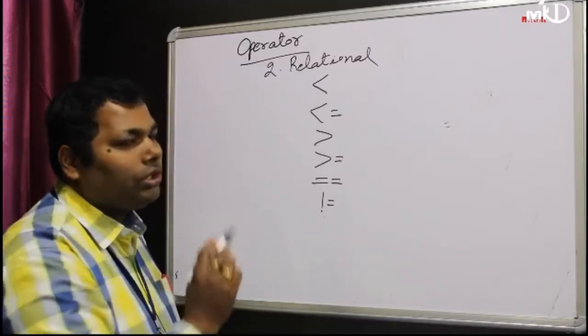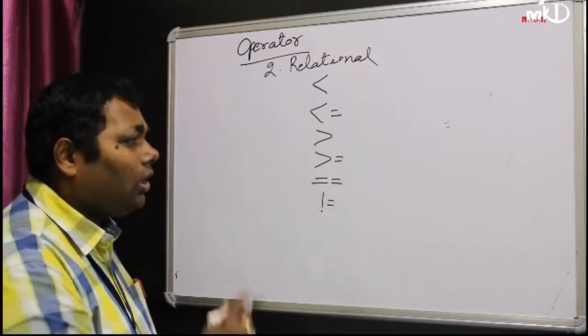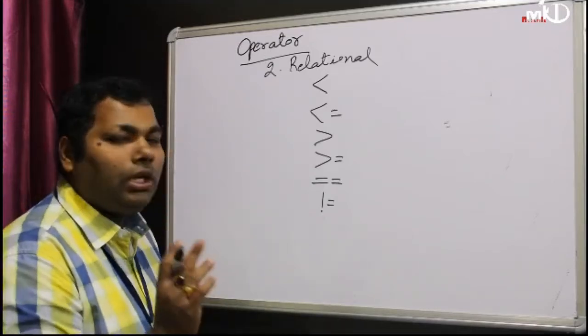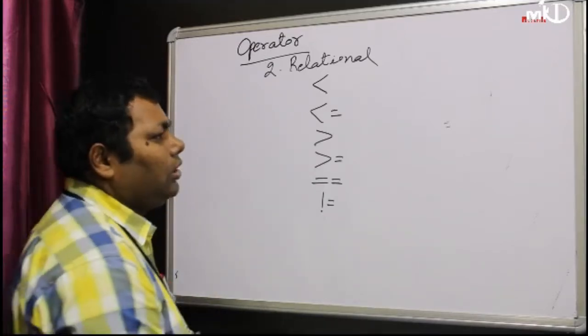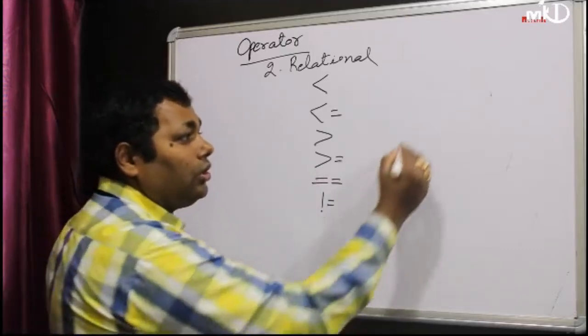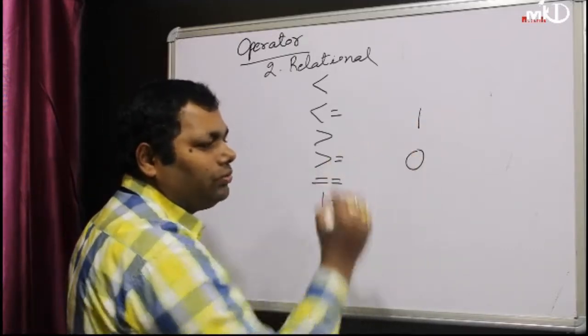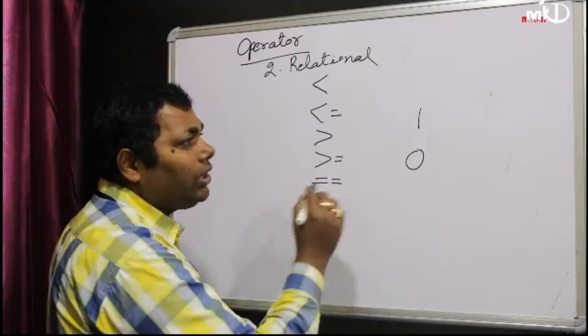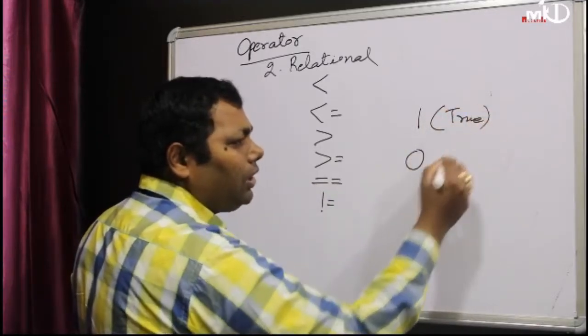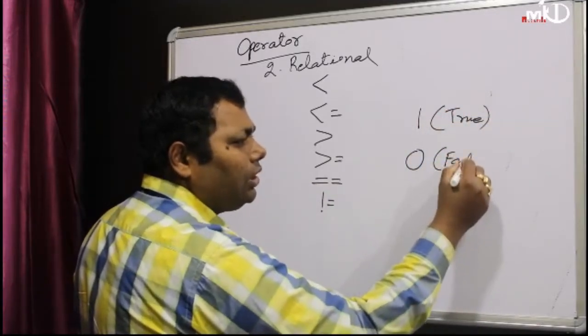All of these are binary operators, so they take 2 operands. And a relational operator always returns either 1 or 0. If the relation is true, it returns 1. If the relation is false, it returns 0.